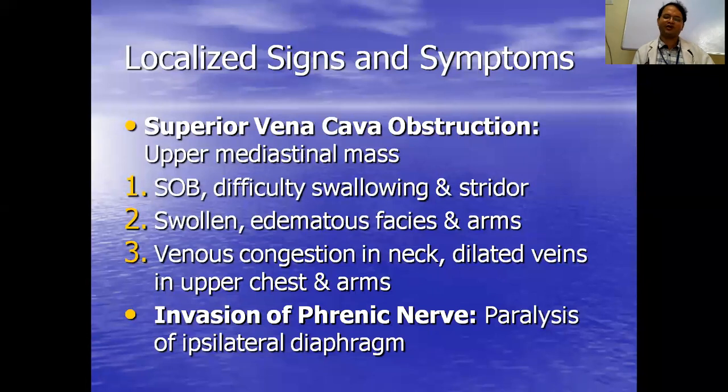Stridor happens when there is compression on the trachea. In these patients, the face and the upper arms will be swollen and edematous. There will be venous congestion which is visualized in the neck. Dilated veins are present in the upper arms and chest.